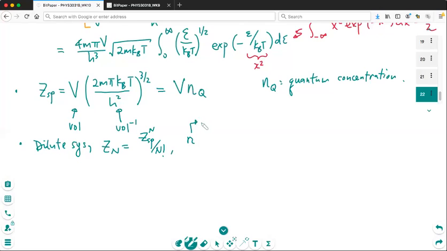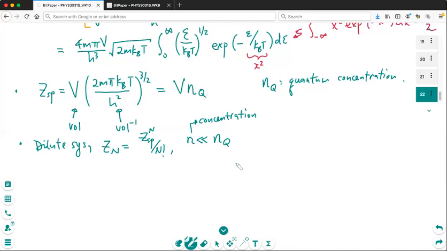This is not the quantum number N, and this is not the occupation number N, this is the concentration. And if this is much lower than this NQ, you are in the dilute limit.